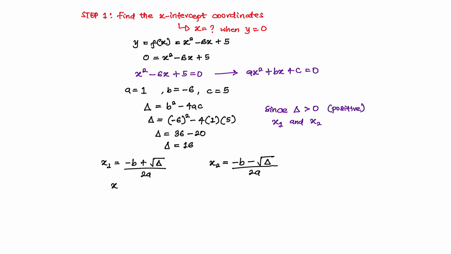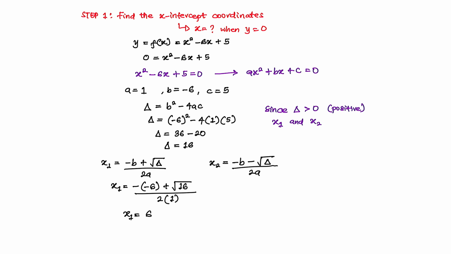So the first value of x equals minus b, that's minus 6, because the b in and of itself is a negative number. So minus 6 plus square root of delta, 16, divided by 2 multiplied by a, which is 1. So simplifying, we have the first x equals minus times minus 6.